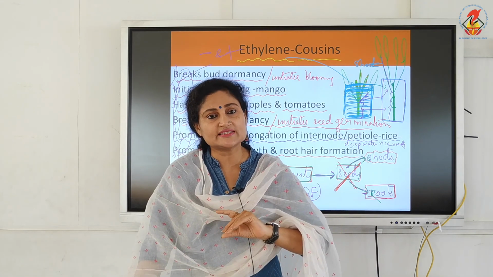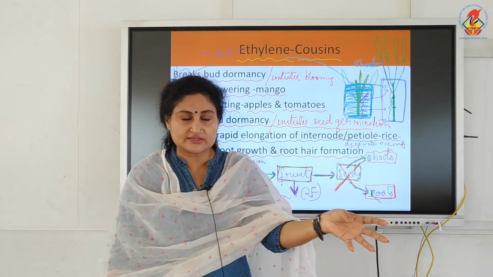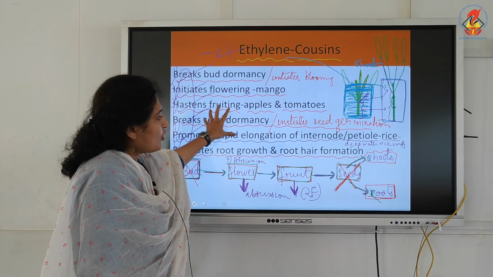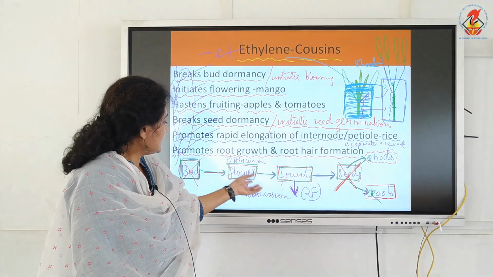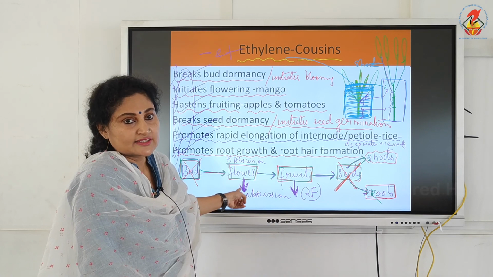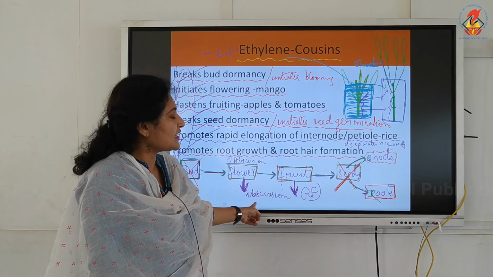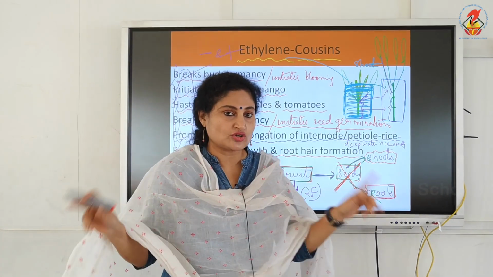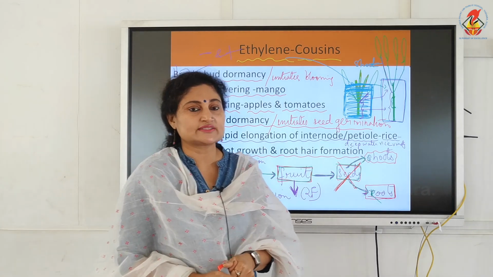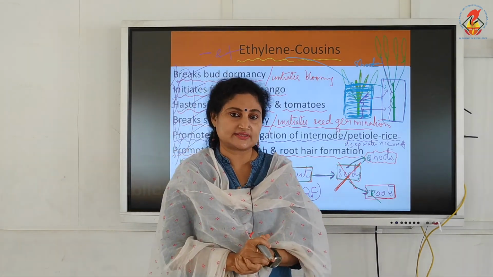Abscisic acid surely is an inhibitor, and ethylene can be put as a regulator, as a promoter, as well as an inhibitor. Promoter with respect to all that was discussed. An inhibitor, what was included now purposefully at the end, that like abscisic acid, it also brings about abscission of flowers and fruits. So don't forget to incorporate that and get all the functions of ethylene, which is a volatile hormone. I hope you have understood with the help of mnemonics. Thank you.